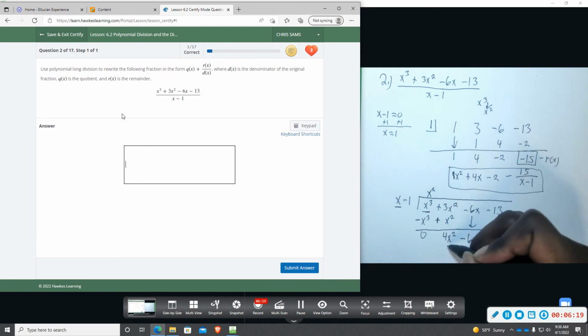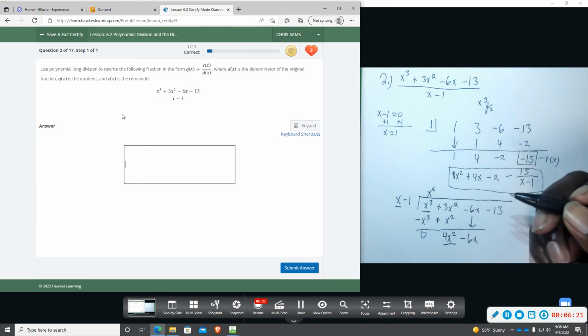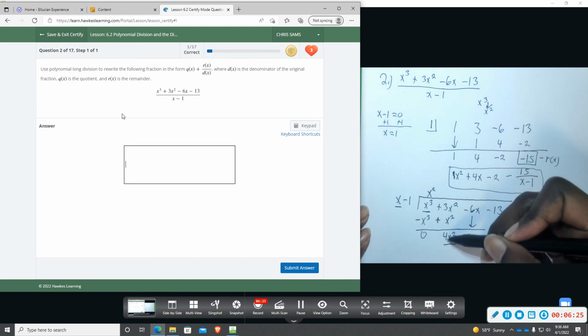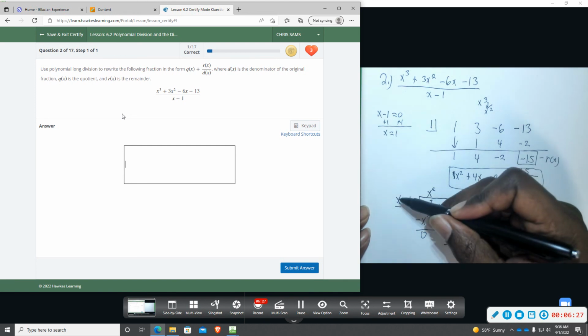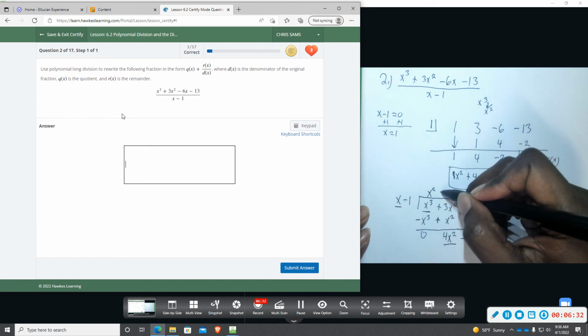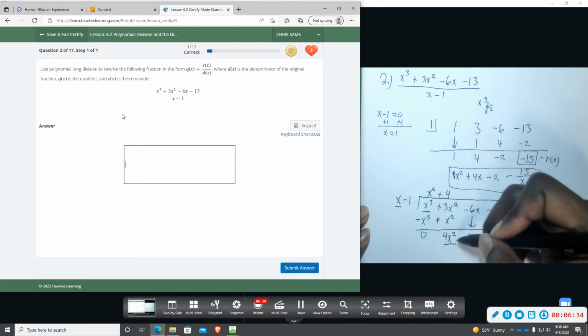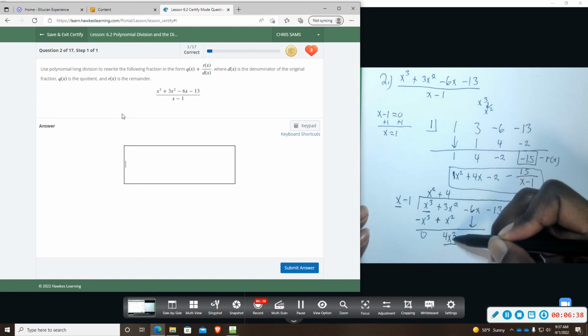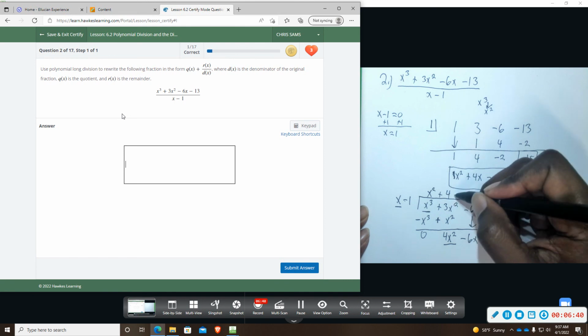So again, this is my first term that I'm focused on now. I want this to match this. So as far as numbers, I need to multiply by 4. So I'm going to put a plus 4 because that's a positive 4 that I need. I have 1x. I need 2 x's. So that means I need 1 more x.